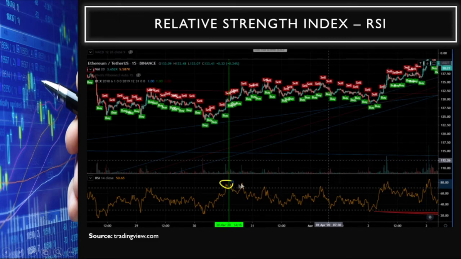O yan, ganun din yung nangyari dito. Pero dito sa baba, nung nasa oversold na siya, ayan, oversold. O yan, umakyat na ngayon si price action dito. Pero wala yan diyan 100% of the time, ha. Again, we will repeat.